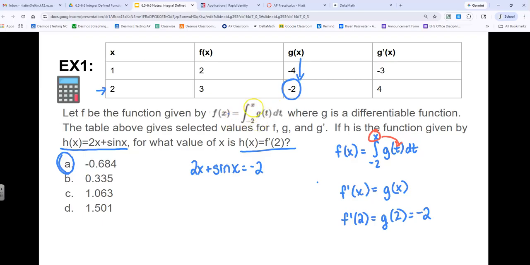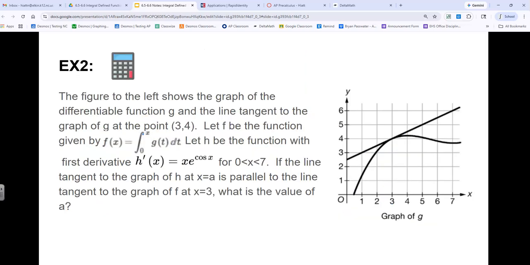And they love to give these because it tests whether or not you have that knowledge of integrals and derivatives being the inverses of each other here. But most of the time, it's a very simple, oh, I'm taking the derivative of the integral, so I just get what's left on the inside for those.